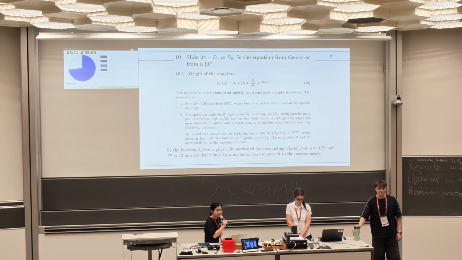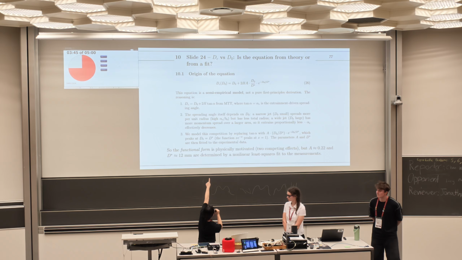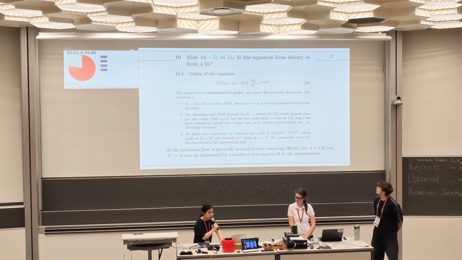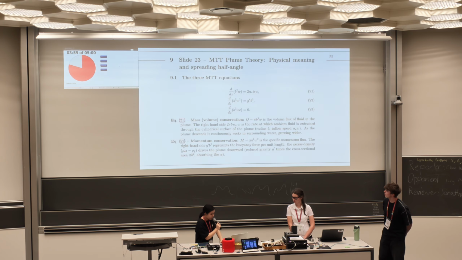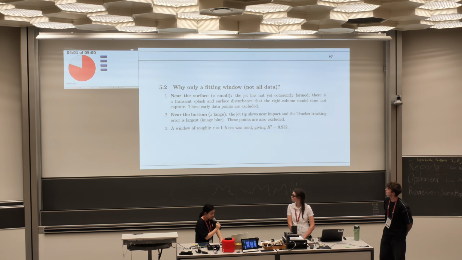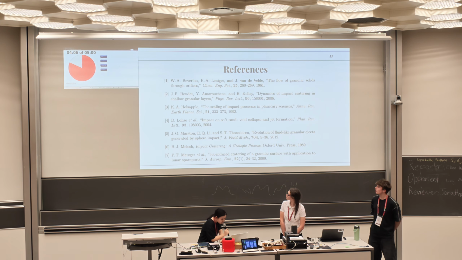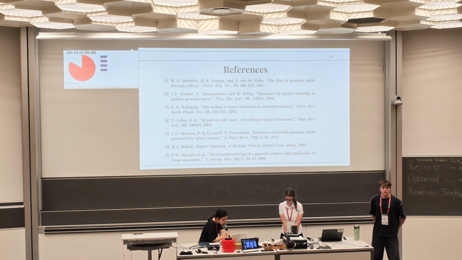But yes, it's from a paper. This one is from the paper, the D naught plus H tangent alpha is the MTZ plume theory. And is that paper referenced? We referenced it in the reference for MTZ plume theory. It's a standard paper. I'm not sure. Okay. Thank you.